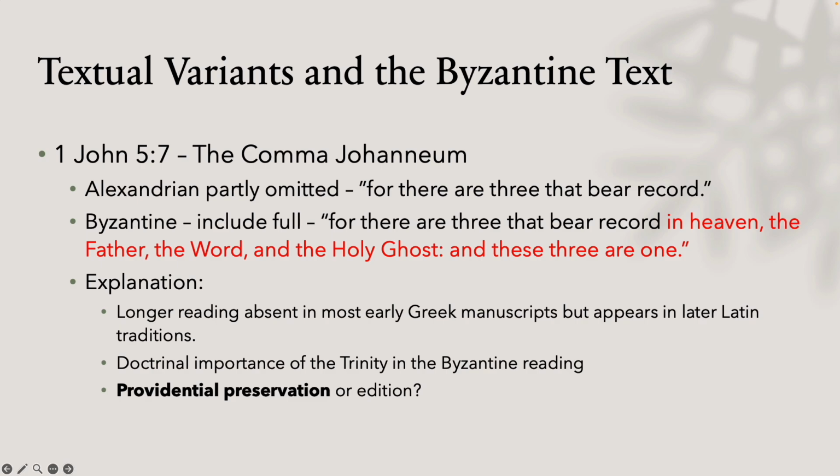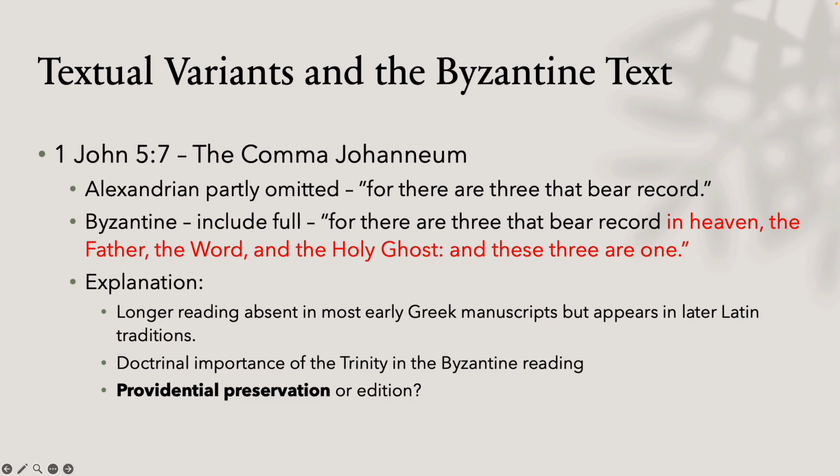But there is some argument from the Byzantine text side about what they call providential preservation. So there's a view of this text that argues that God has divinely preserved his word throughout history, ensuring that the authentic reading of Scripture has been available to believers despite textual variations and manuscript transmission.